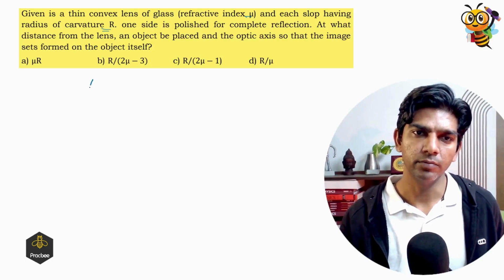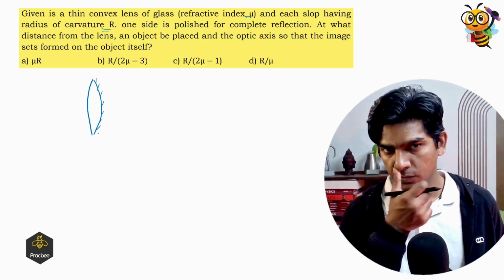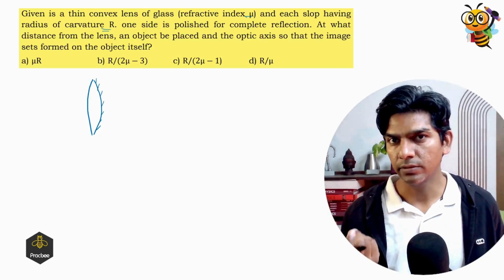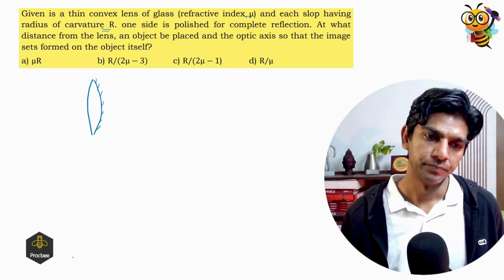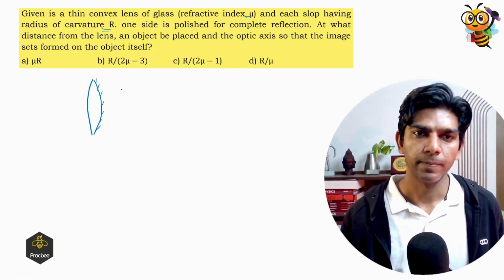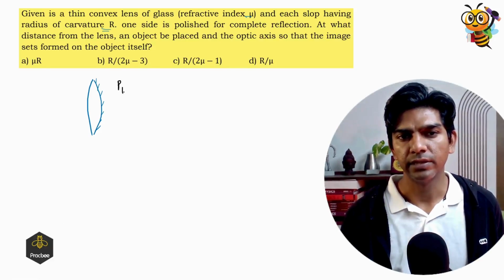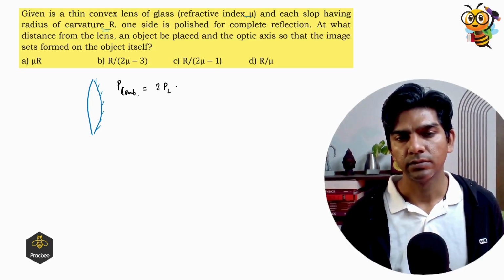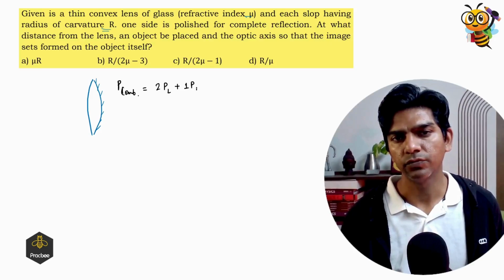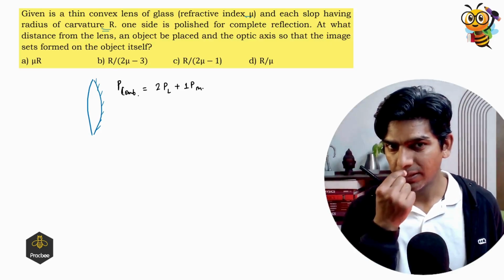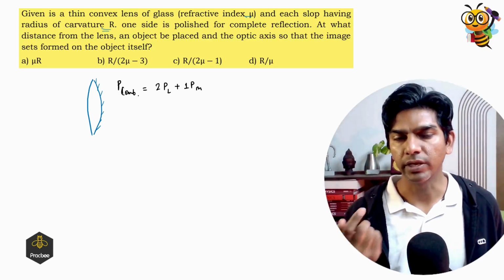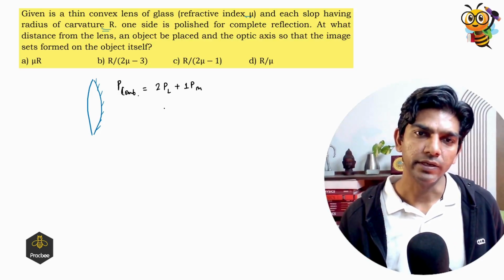So we have a biconvex lens and one side is silvered, right? So basically we have a combination of a lens and a converging mirror. In this case, the power of this combination will be 2 times the power of lens plus 1 times the power of mirror, because light is passing through the lens 2 times. So we have to take the factor of 2 here, right?